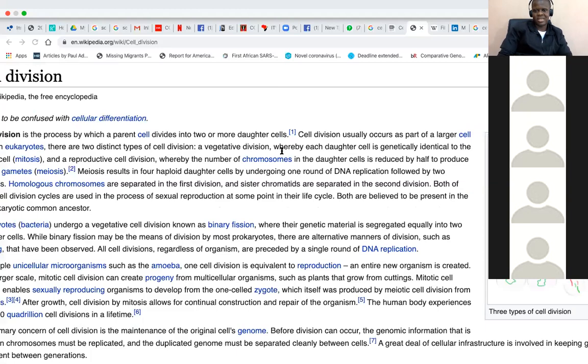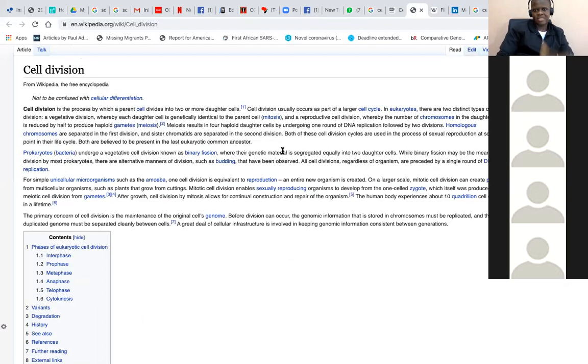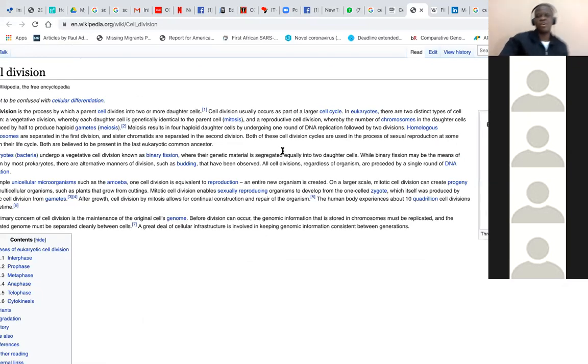And normally, we said cell division occurs as part of the larger cell cycle. But depending on the stage or the nature of the organism that is undergoing cell division, that will determine the method it is going to take.